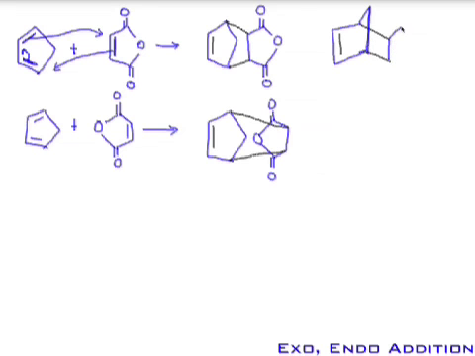And if you like, I'll put in some H's too so you can see where this is pointing. So this guy is pointing up, and you have an H down here. And I'm exaggerating this, H down here. Okay? So this is sort of an edge-on view. We might call this guy exo because the maleic anhydride is pointing out and away from the ring.